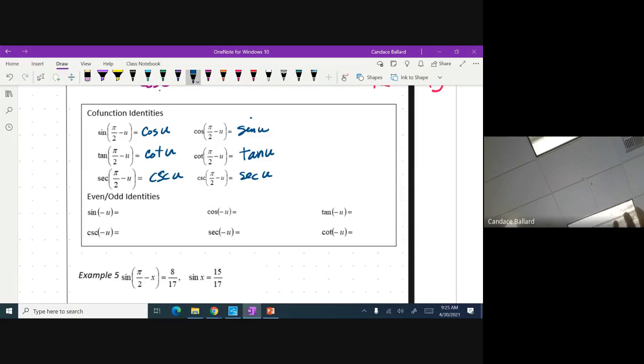If it comes out as neither the positive nor the negative of the original, then it's neither even nor odd. Our cosine and our secant are the only ones that are even. So when we put a negative in on these two, we get a positive out. Basically, it switches to a positive sign in front. When I put a negative into sine, cosecant, tangent, and cotangent, I get the negative of the original function because they're considered odd functions.